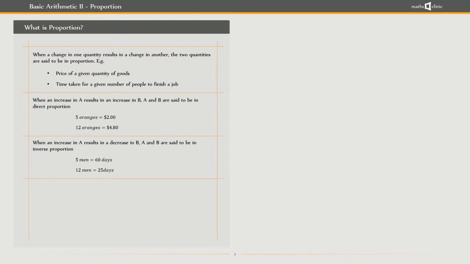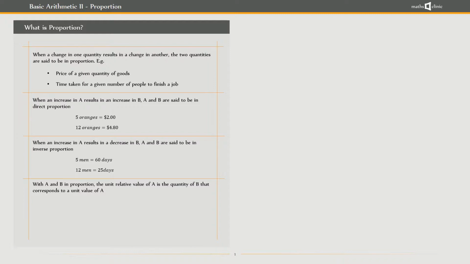Now, something very important you need to note when you're working with proportion is that when you have two quantities A and B in proportion, the unit relative value of A is the quantity of B that corresponds to a unit value of A. When I say unit value of A, I mean one of A. For example, if you're talking about price and quantity of goods, you'll be talking about the price of one item. Or if you're talking about the time taken for a given number of people to finish a job, you'll be talking about how long it will take one person to finish the job.